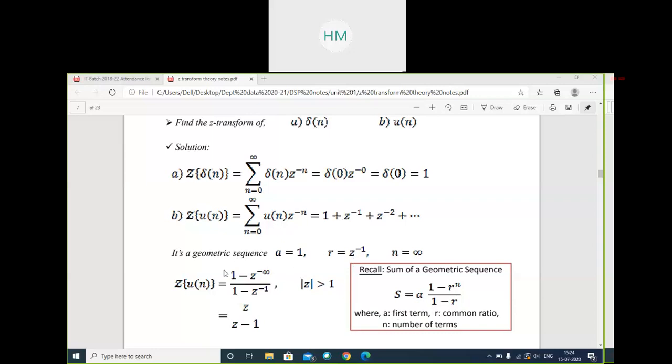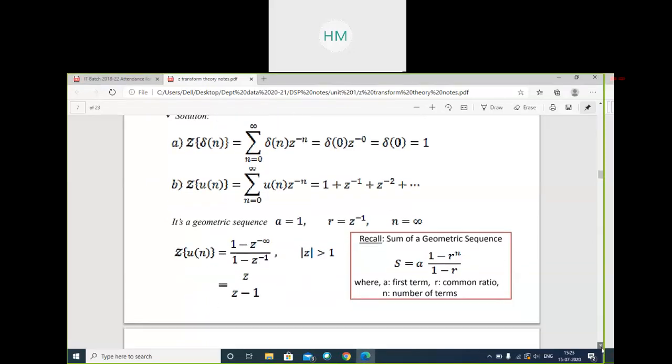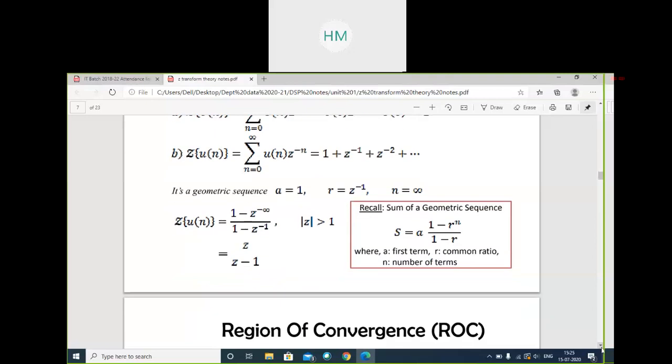So I have written this equation, 1 minus z to the power minus infinity, and r is z to the power minus 1. This GP I got, so the equation will be z upon z minus 1 or 1 upon 1 minus z inverse. So this is a very basic question of Z transform. So every time you have to simplify like this.